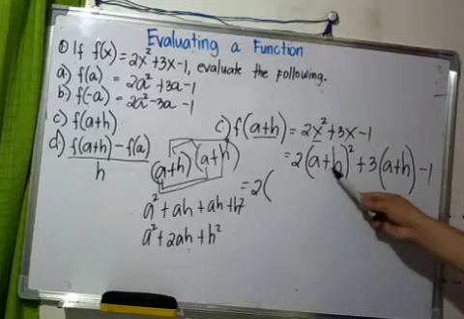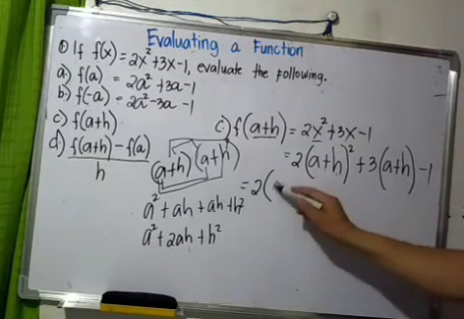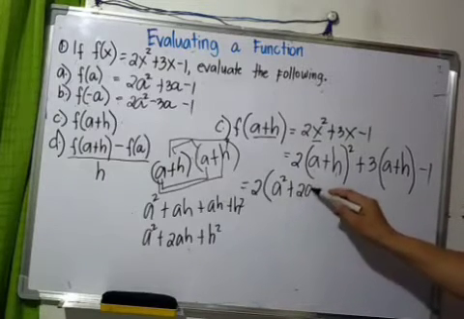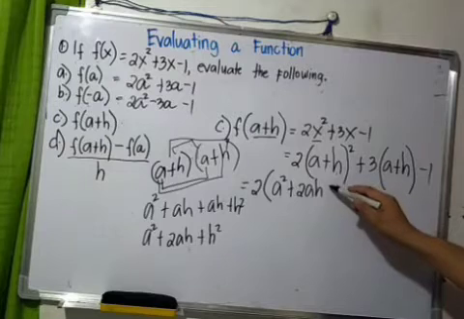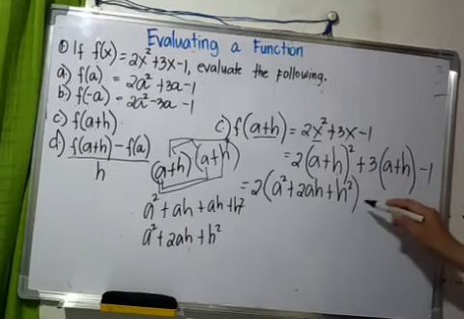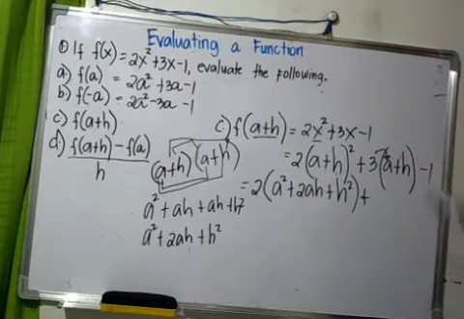So, a plus h raised to 2 is equivalent to a squared plus 2ah plus h squared, plus ito, distribute this one.